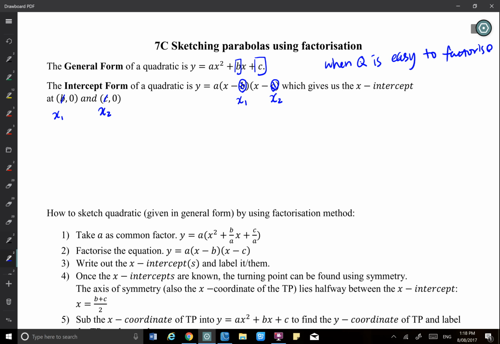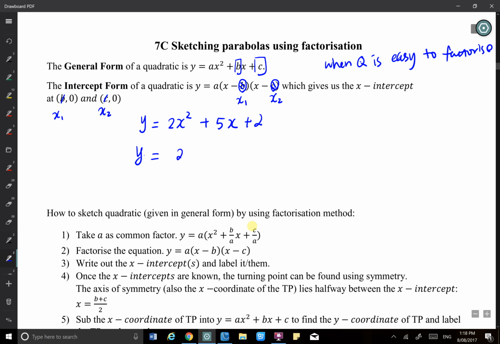So for example, I have y equals 2x squared plus 5x plus 2.